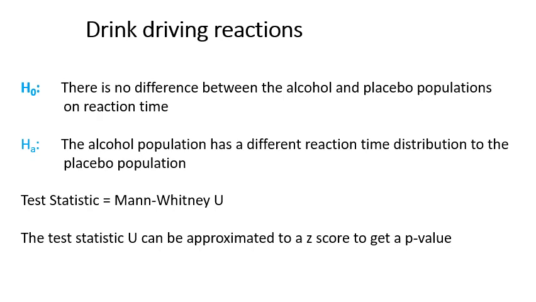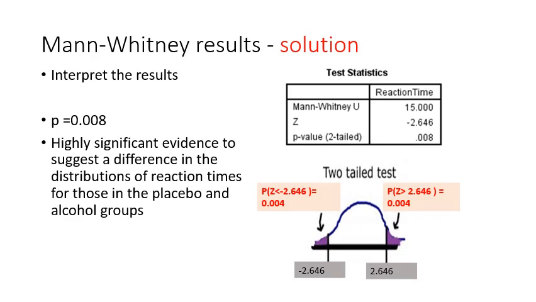Do not be confused about how these hypotheses are going to be stated. They are only needed to explain hypothesis testing for actual research. And here is the result: you have a p-value of 0.008.